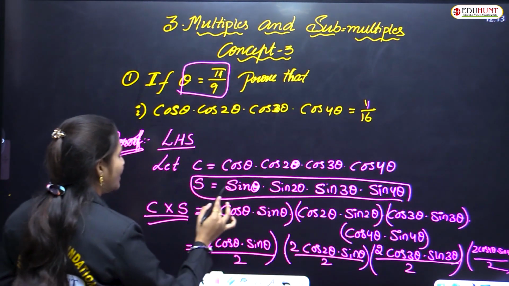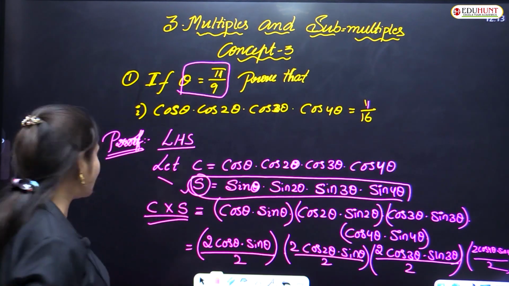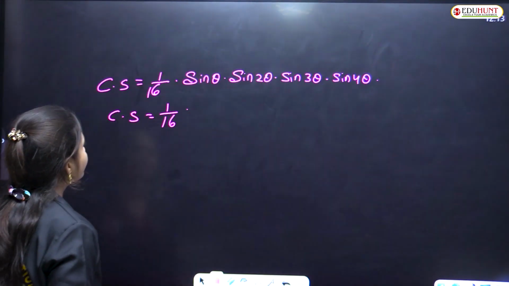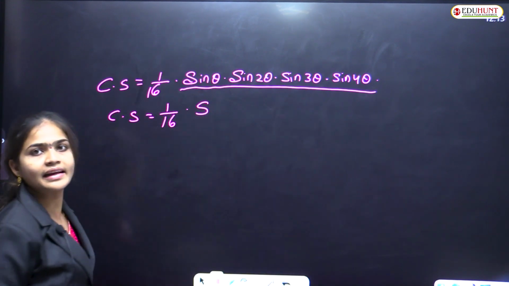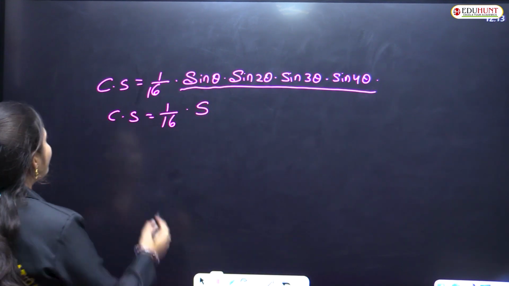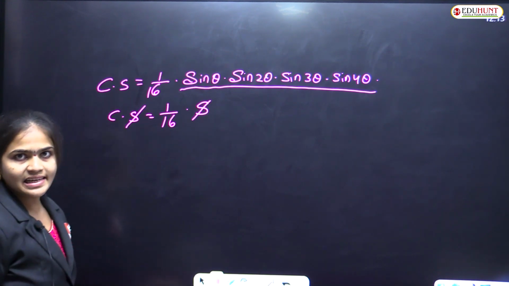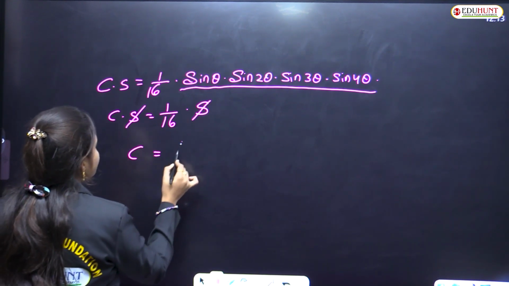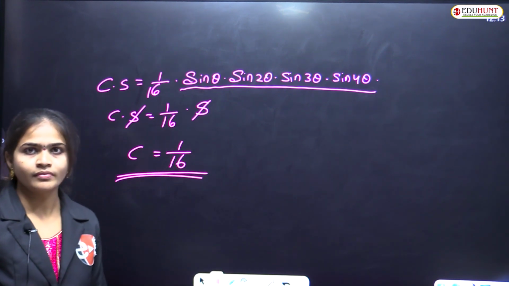This is the value of s. At the starting we took that as the value of s. So instead of all these functions, here we can write s. Now both sides we are having s in product, so s and s get cancelled. So c is equal to 1 by 16. Hence it is proved.